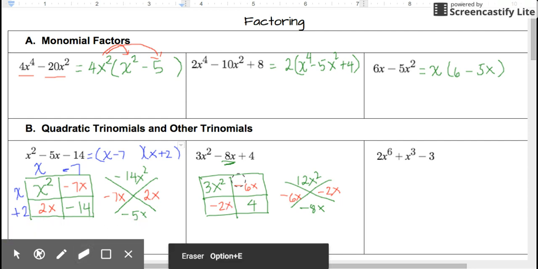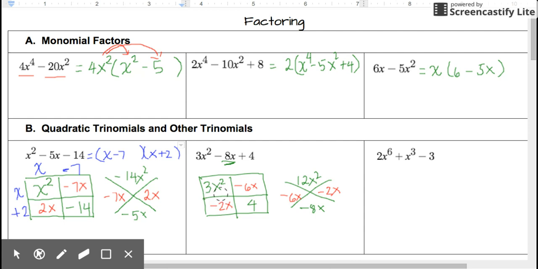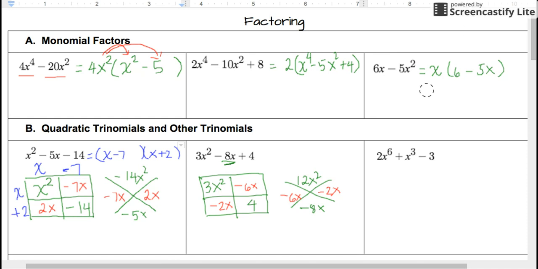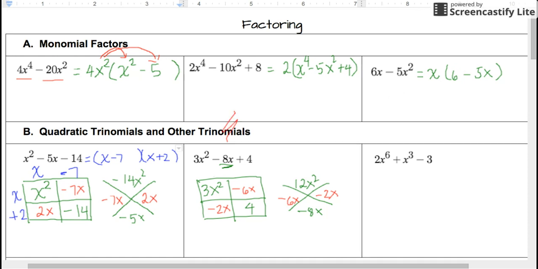We look at the first column, or you can look at a column or a row, and look for the common factor. I'm going to look at the first column, and I notice that the common factor among the first column is x.